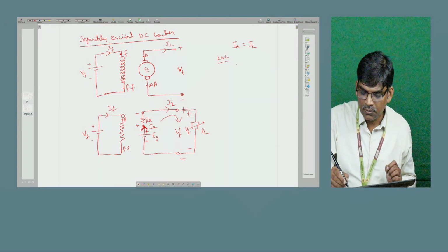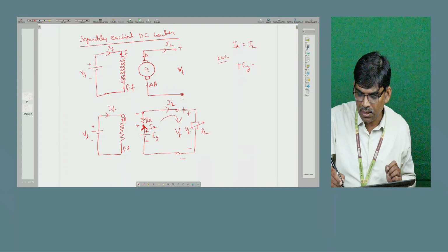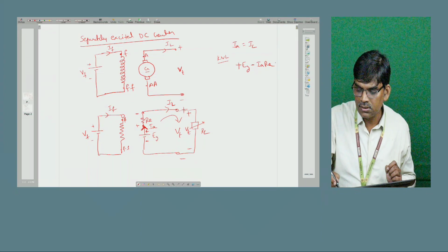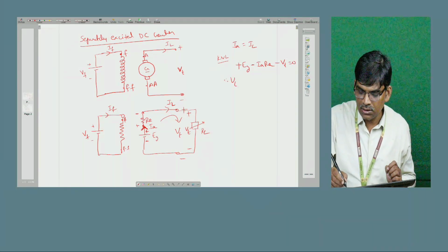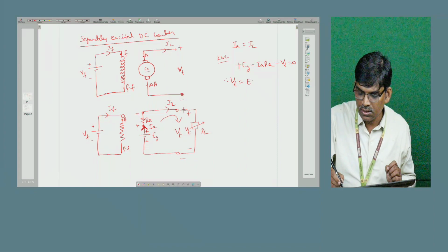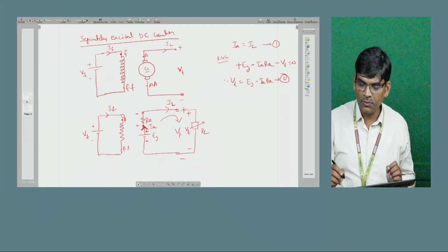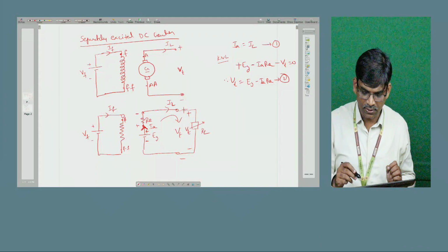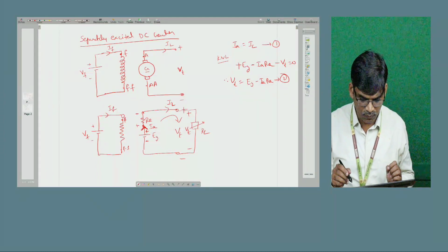Minus to plus I take as plus, and plus to minus for the IA RA voltage, and plus to minus VT equals 0. Now the terminal voltage equals, from the above equation, EG minus IA RA. So this is equation 1, and maybe this is equation 2. By using these equations, you can analyze the internal currents and voltages and external currents and voltages.